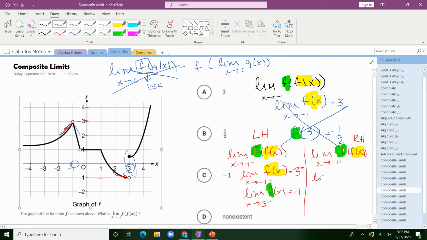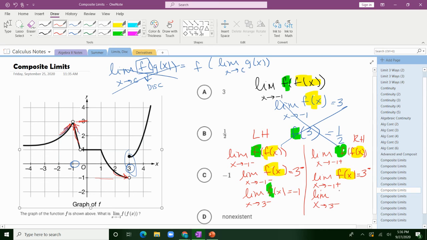Okay, so I have the limit as x approaches -1 from the right of f of x. And this is our inside function, f of x. So let's approach -1 from the right. I'm clearly getting close to 3. And again, I'm approaching 3 from values that are less than 3. So I'm going to put a negative there. And notice I immediately end up with the same exact thing.